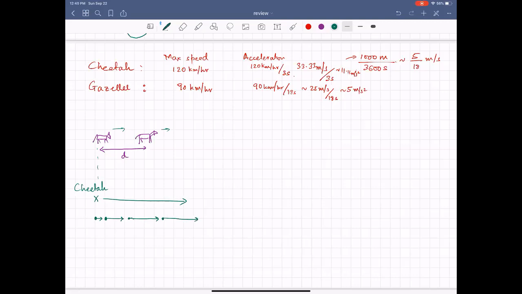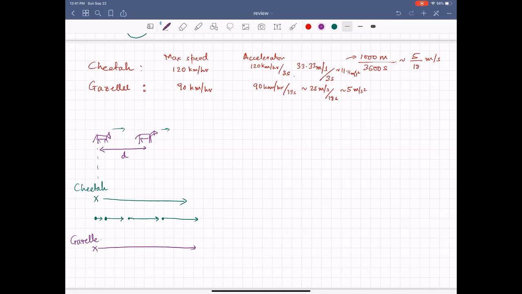For the gazelle, let me use a different color. Again, the origin has to be the same because I'm drawing it comparatively. It doesn't make sense to use two different reference frames for two different objects when I'm trying to compare their motion.